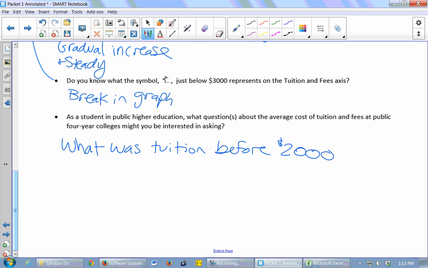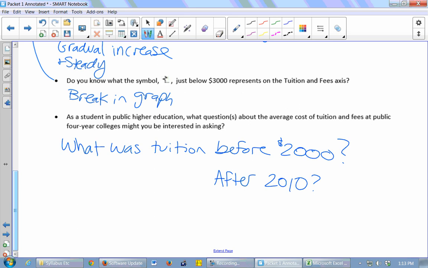And maybe after 2010. It's 2015 now, right? So this graph is a little old. Right? Yeah, I know. Any other questions that you might want to be interested in asking about?